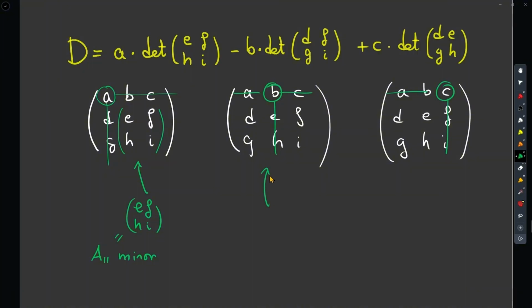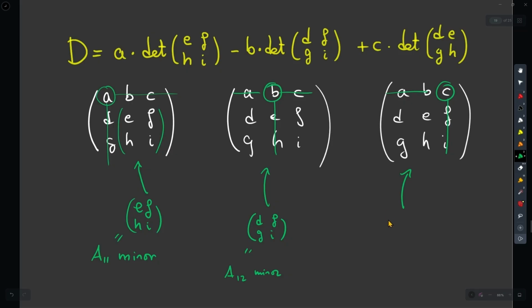And from here, what I get is the matrix D, F, G, I, and this is called the A12 minor, which means that I take the coefficient in the first row, second column, eliminate those numbers, and the matrix that is left is called the A12 minor.